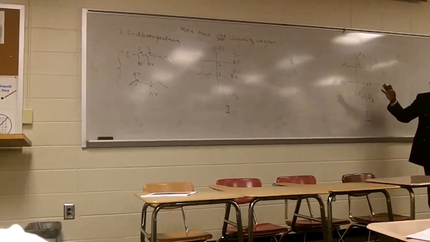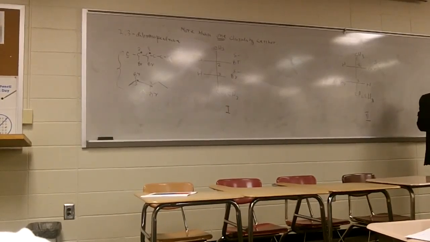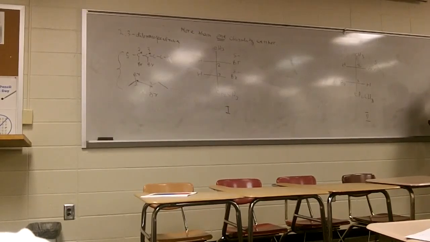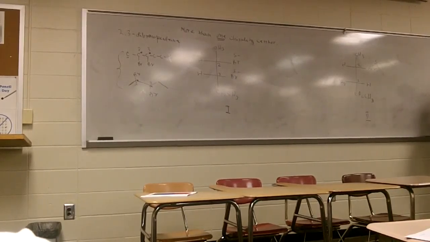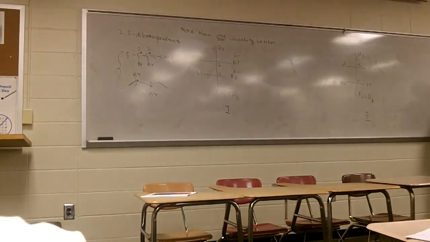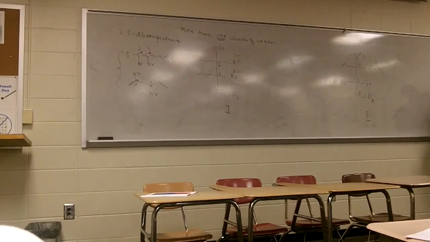So many things. These two arrangements I have on the board are different. Okay. The relationship between 1 and 2, that's what we call diastereomers. 1 and 2 are diastereomers.